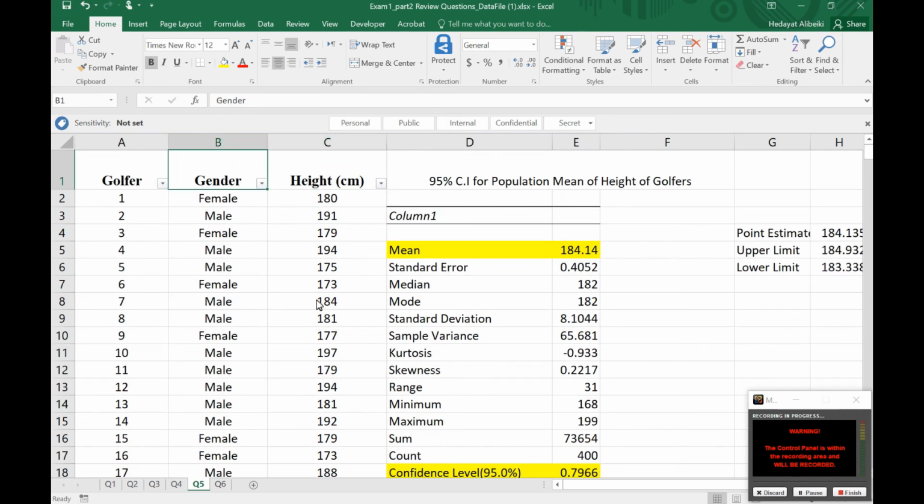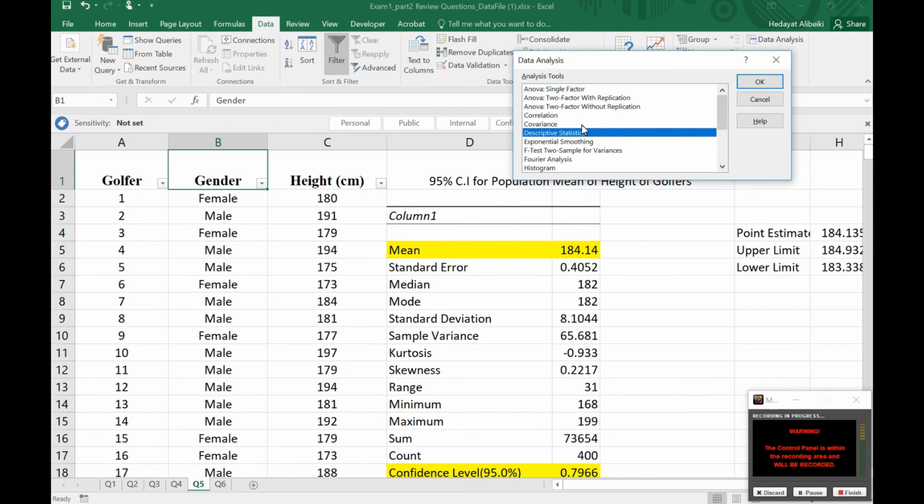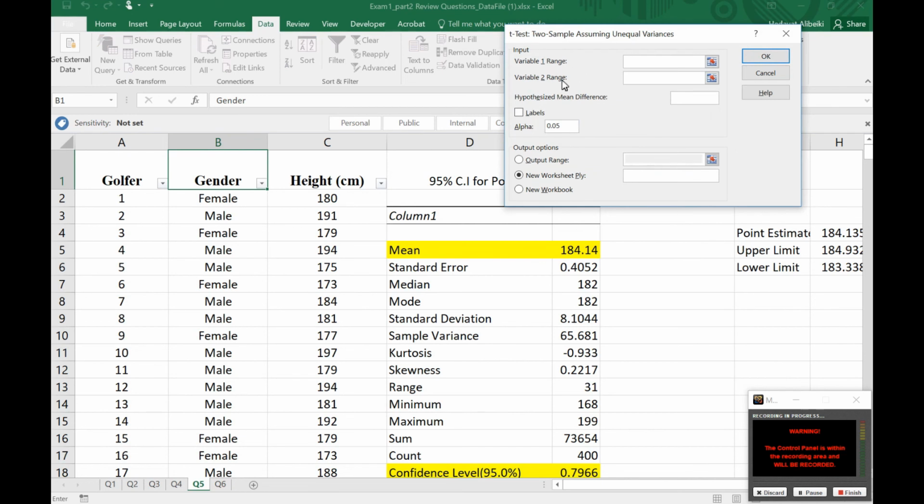When I use the t-test two sample assuming unequal variances, I have to give two columns: one for variable 1 range, like male, and one for female.